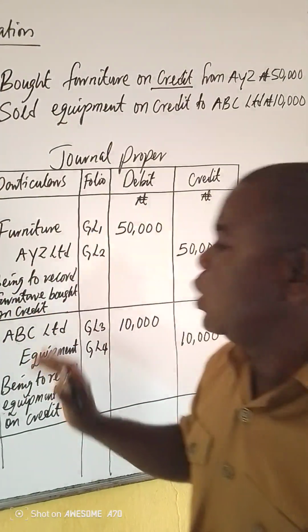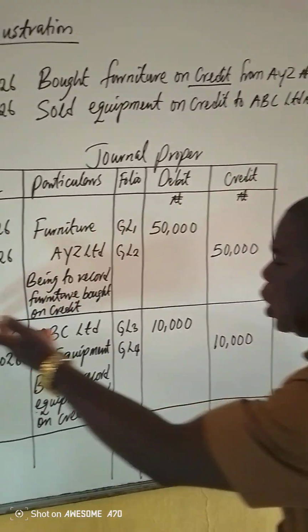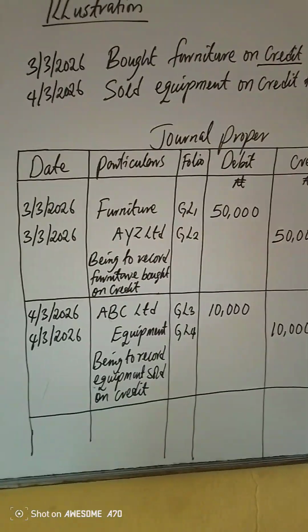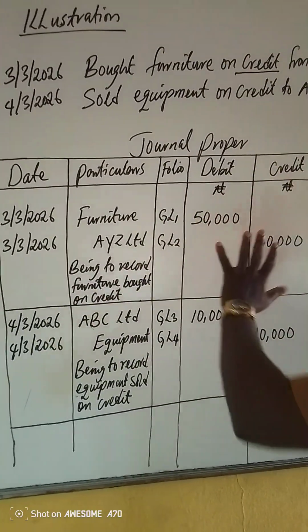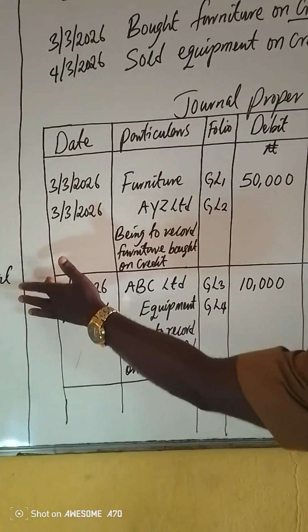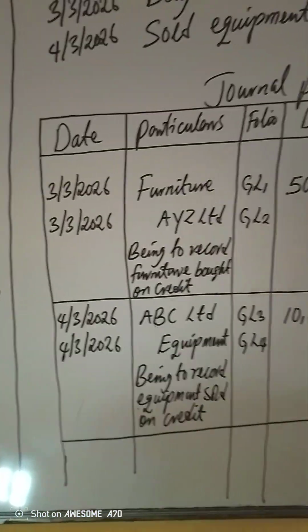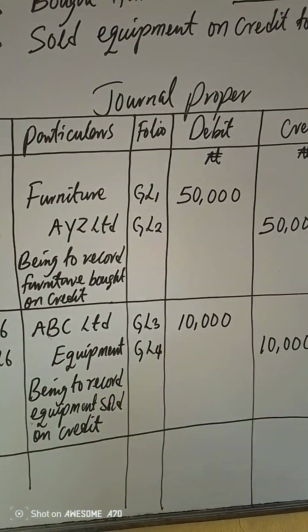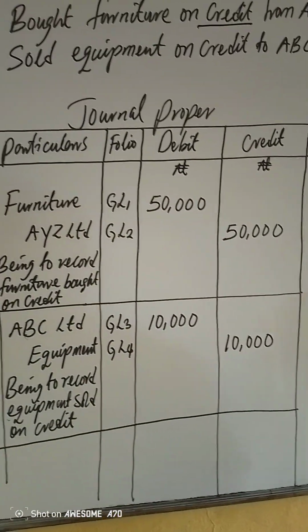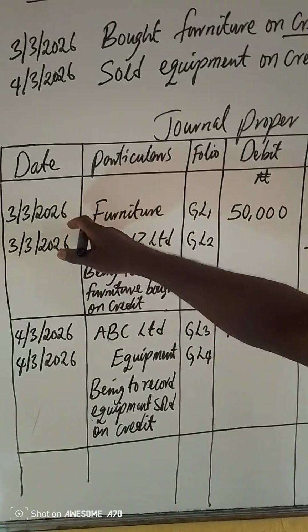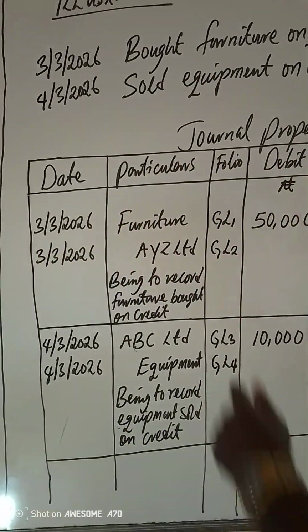This is another rule. After that, you must close the transaction, meaning this transaction is independent of another. You close it from the first end to the other. It looks like a trial balance, but it's not a trial balance. These are the strict rules you must use when you are preparing your journal proper. The debit entry must come first, followed by the credit.